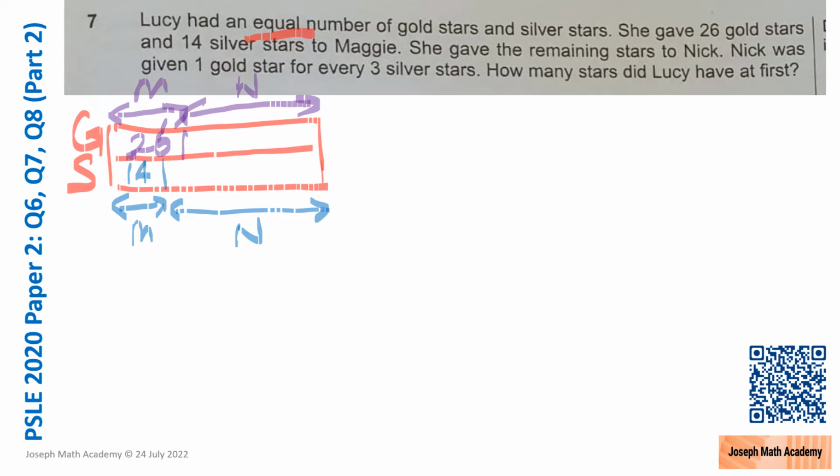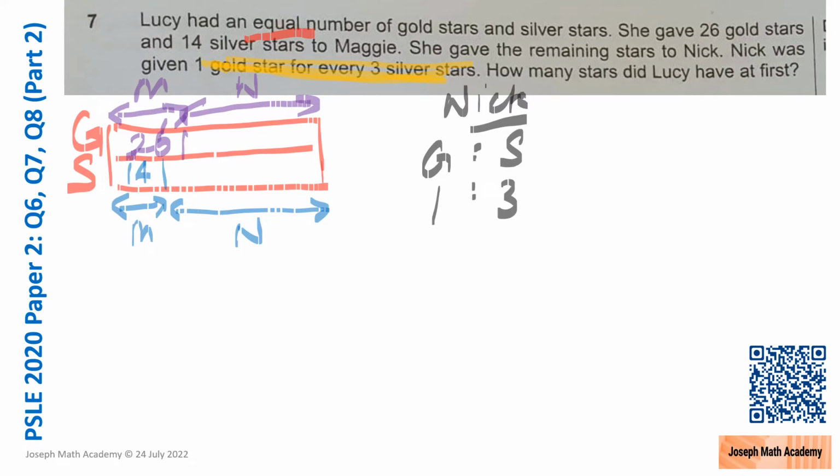This line, which I'm going to highlight using yellow, can be represented using a ratio. Gold is to silver, 1:3. We bear this in mind.